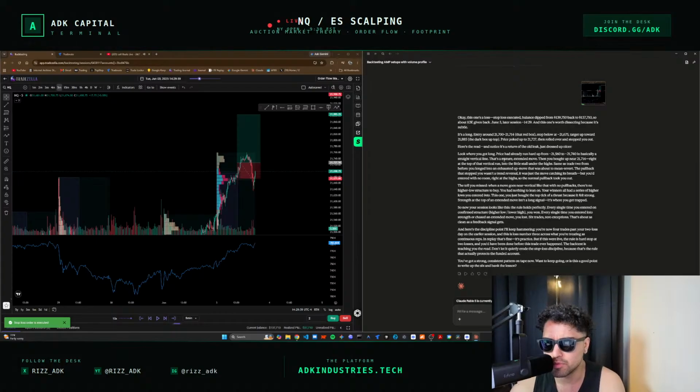Then you bought up near 21.714, right at the top of that vertical run into the little stall under the highs, same as the trade before. You went long into an exhausted up move that was about to mean revert. The pullback that stopped you out wasn't a trend reversal. It was just the move catching its breath, and you entered with no room right at the highs. So the normal pullback took you out.